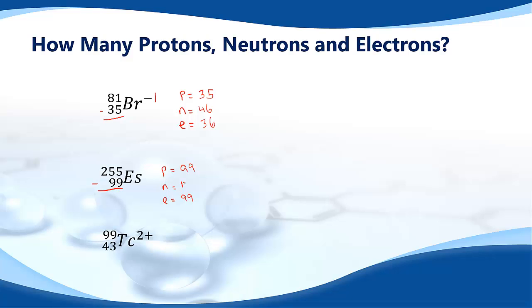And then technetium, again, we'll do our protons, neutrons, and electrons. Protons, technetium has 43. Electrons, 43 minus 2, so that will be 41. And then neutrons is 99 minus 43, or 56. So that's protons, neutrons, and electrons.